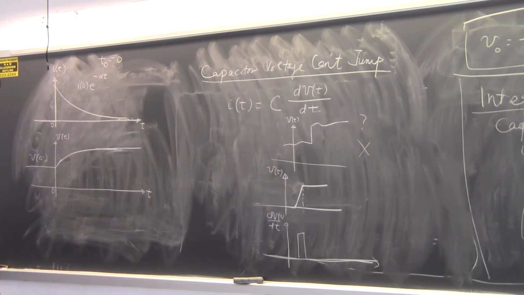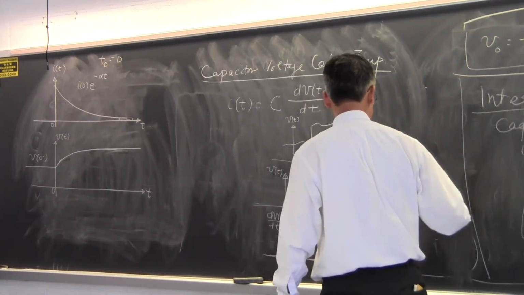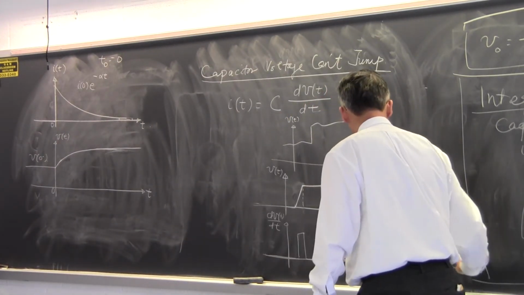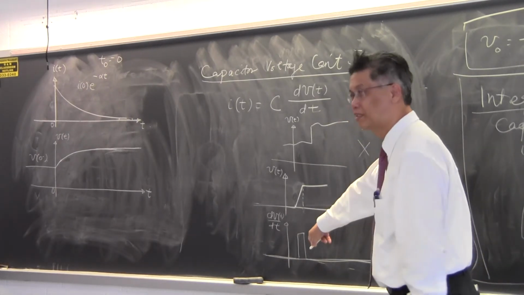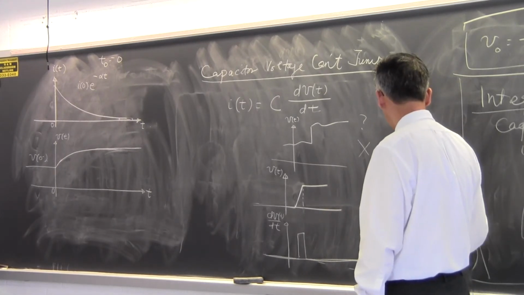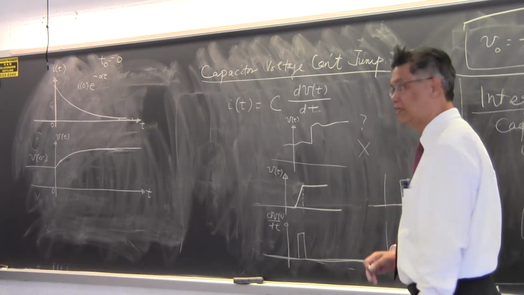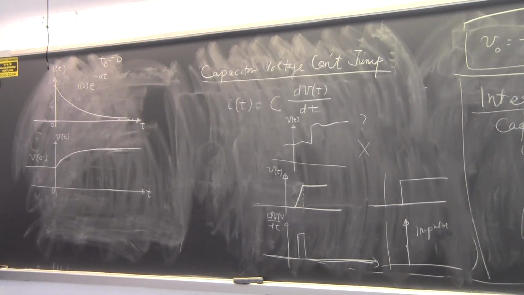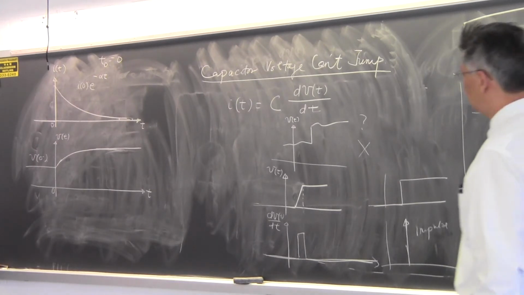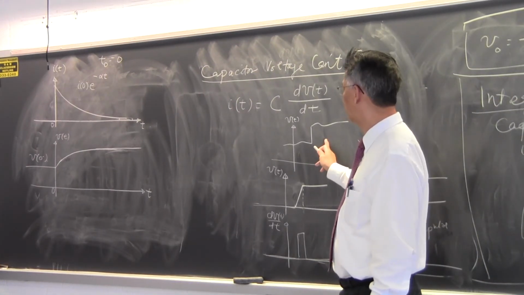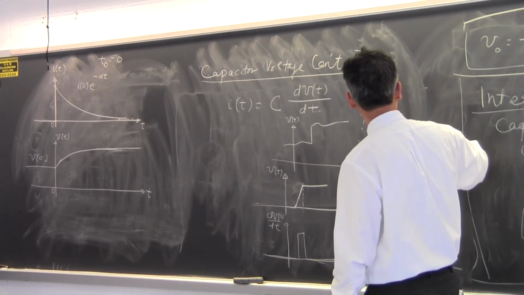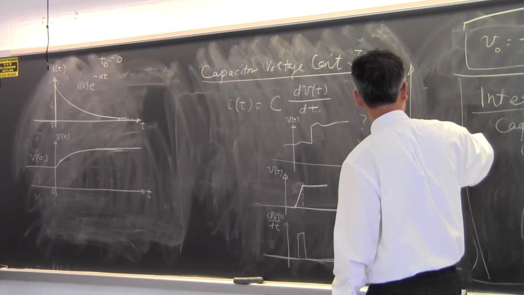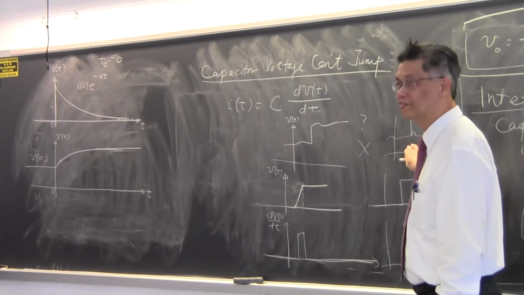So if it is the step function instead, what you should have here is an infinitely tall pulse, going to infinity. This is called an impulse, and it has a height that is infinitely large. So if I have a jump discontinuity in my voltage, if I differentiate it, I must get something finite here and then suddenly shoot up to infinity, and then something finite again.